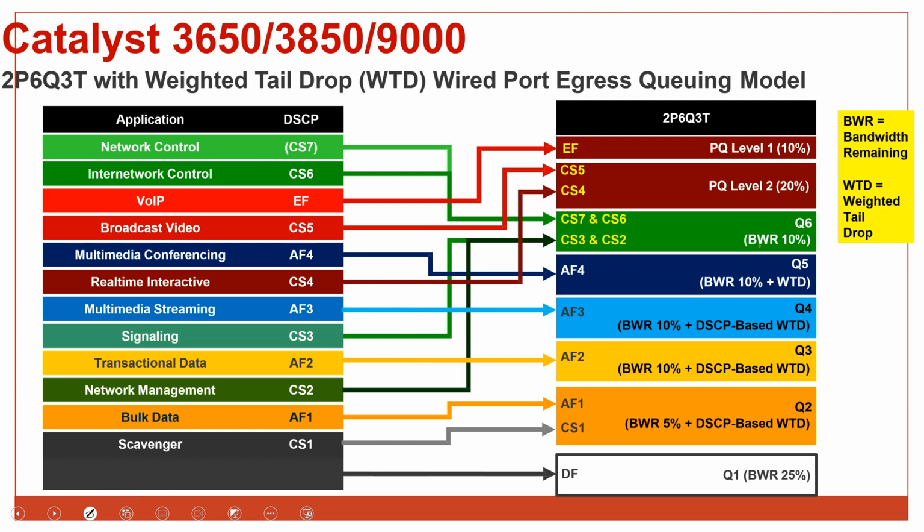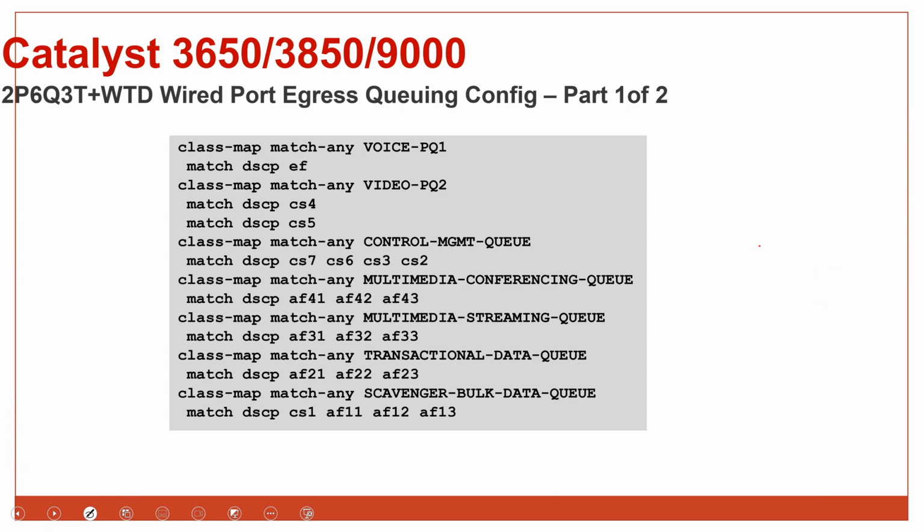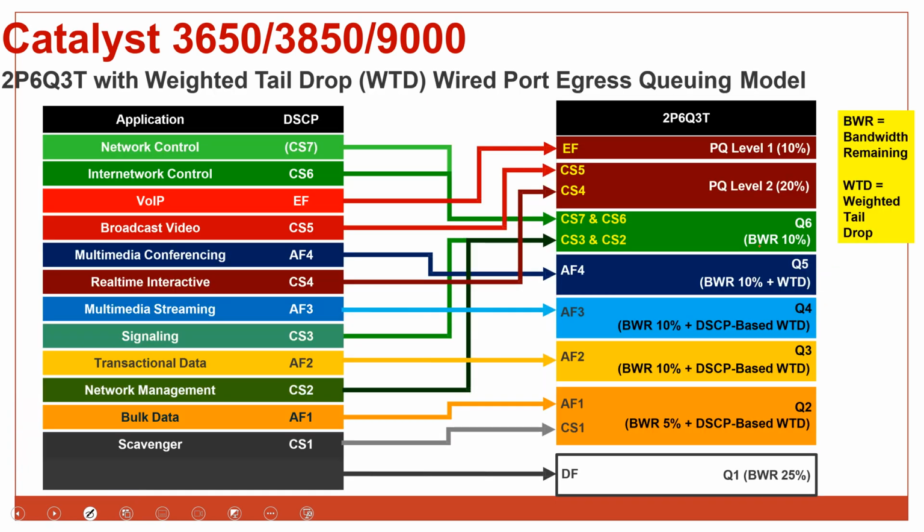Okay, and this is actually a very interesting diagram that you should understand. So now you can see that we can do the classification. So here I am doing the classification of traffic, right? And as per the class, we are mapping these classes to the queue, right? So some have high priority, some have low priority.